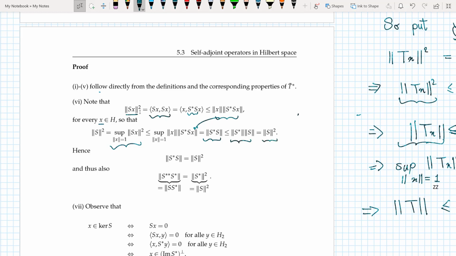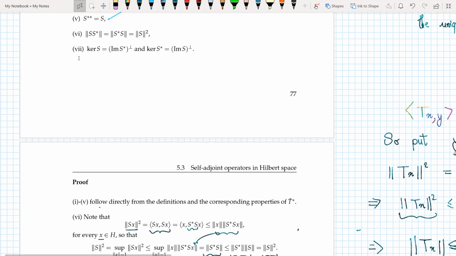And hence the norm of S star star is equal to the norm of S squared. And therefore also if I substitute, instead of S, I write S star, so it becomes S star star, and it gives me the same result.